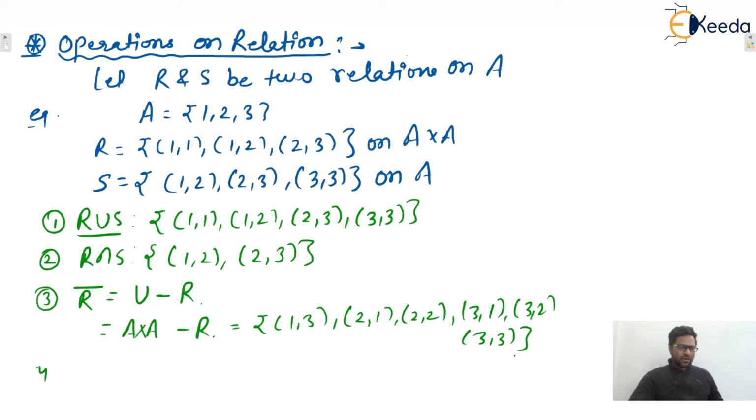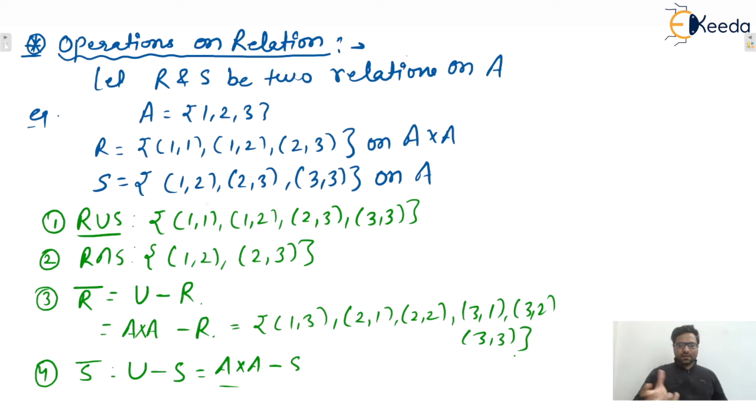Similarly, you can find the S complement. S complement will also be the universal relation minus S, so A cross A minus S. That will be all the ordered pairs in which the ordered pairs of S are not present.